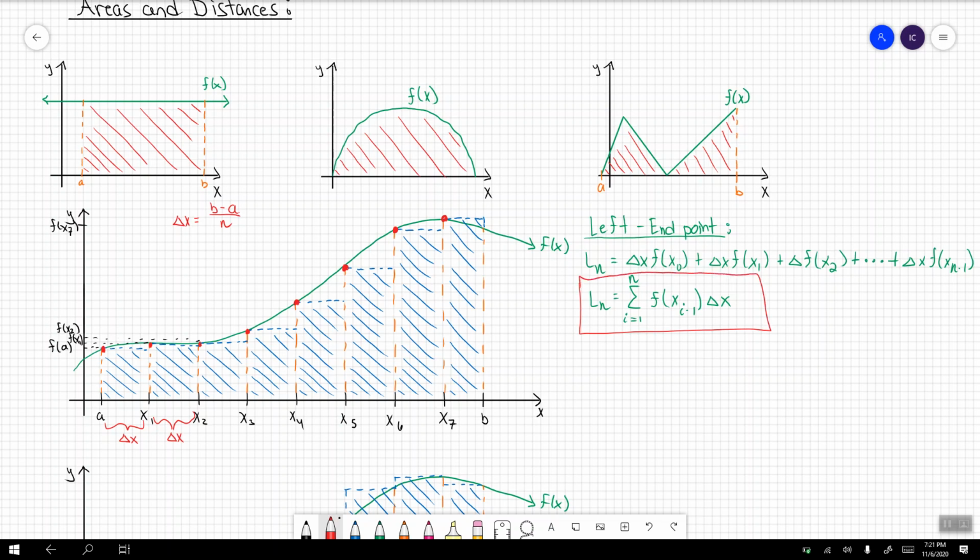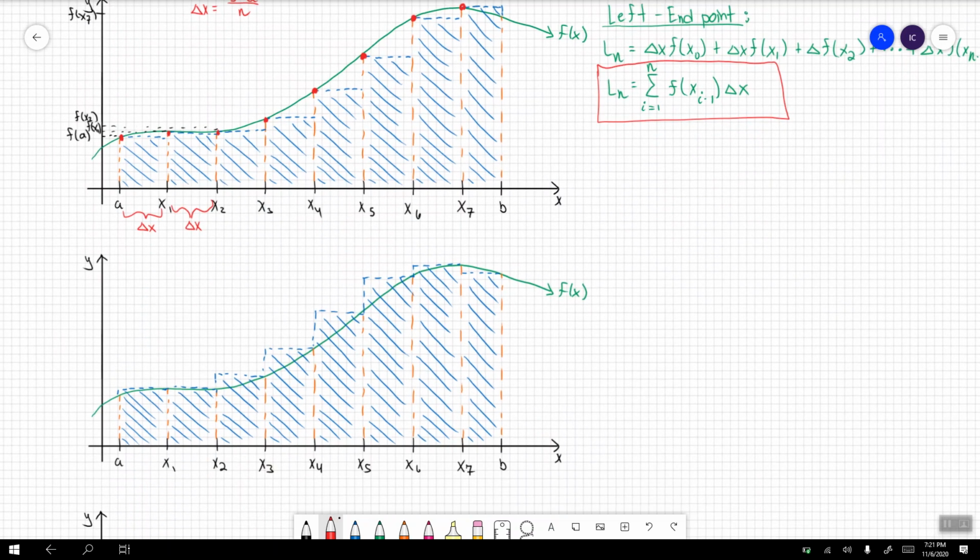Perfect. Now, what if we wanted to do the same thing, but instead we wanted to work with right endpoints? So to take this into consideration, every single right endpoint on the subintervals is going to determine the height of these rectangles.